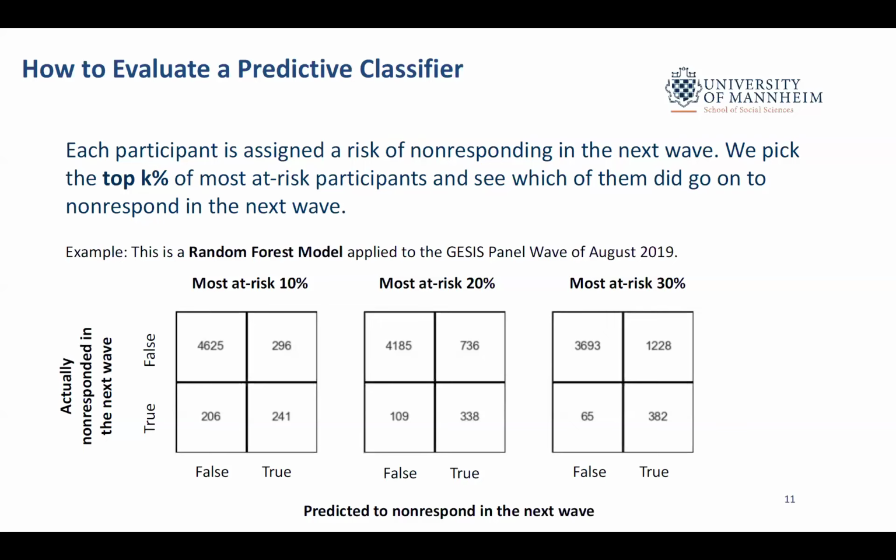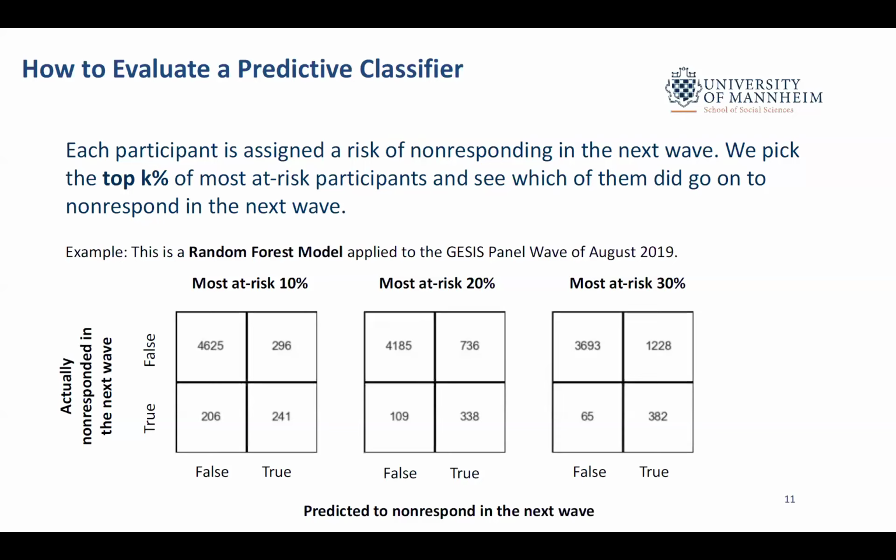What happens? These are confusion matrices, and for those of you who are unfamiliar with these, I will talk through them. Top left, we've got a number, 4,625. These are people who we guessed would respond in the next wave, and they did respond in the next wave. So 4,625 people we were right about.